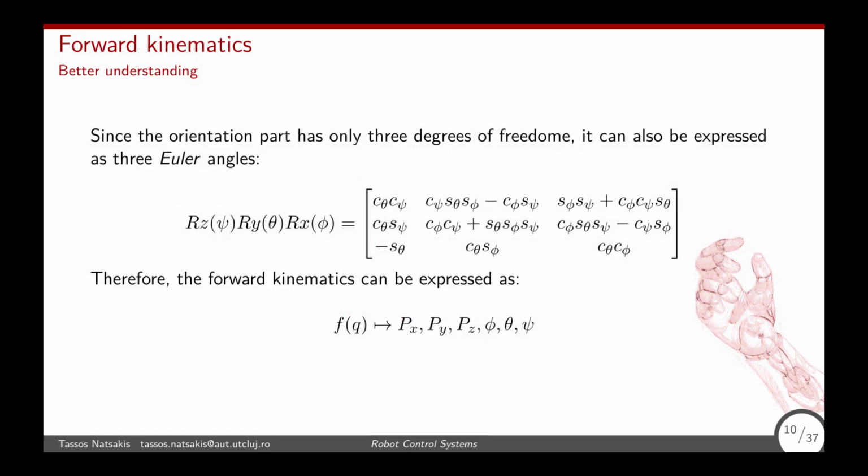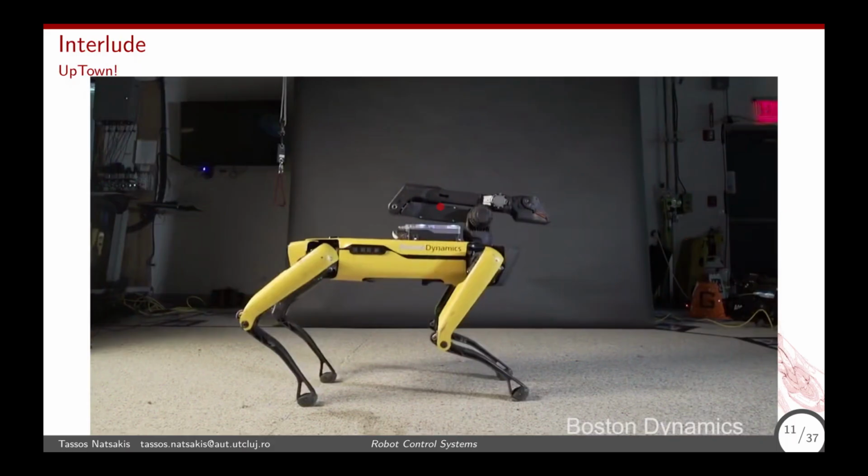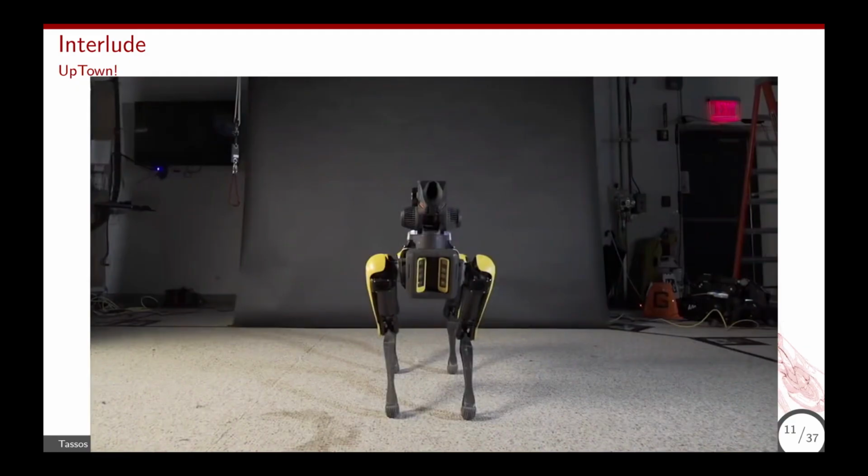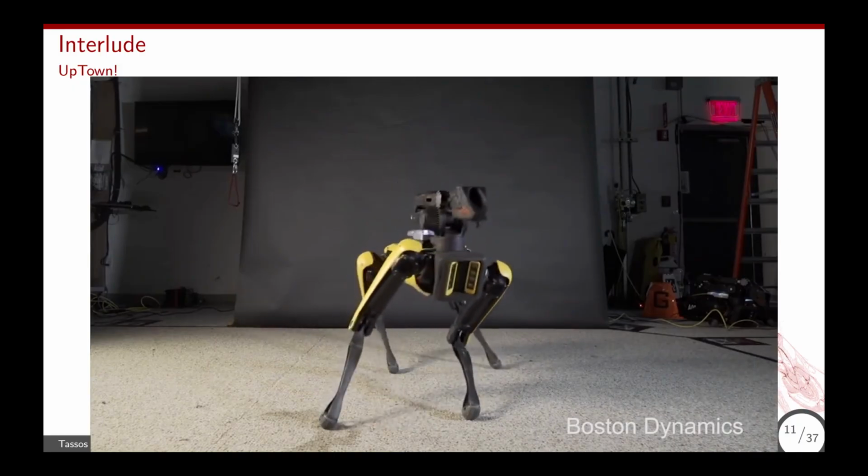This is forward kinematics. Now let's talk about inverse kinematics, and I typically saw this video from Boston Dynamics that might be too old for you. It's basically showing Spot doing some dance moves.